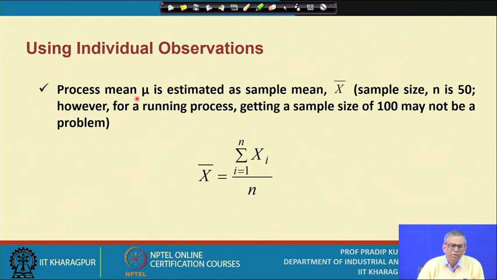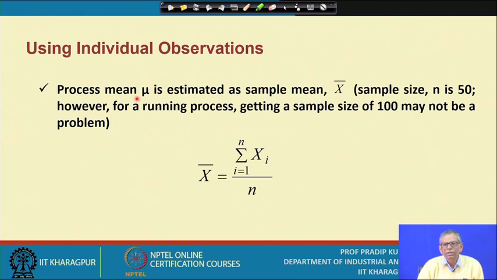But whatever may be the procedure, make sure that the sample or the subgroup is representative of the population. That means you have to identify the characteristics of the population, and you must have the same sort of characteristics in the sample. So that is to be ensured.